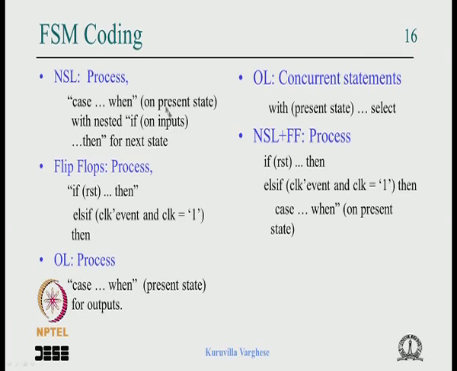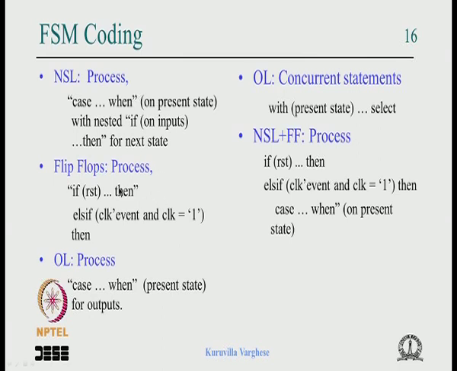Because you have to say this for all the states, case is a better thing, but for a particular state only certain inputs are valid. So we use a nested if under the case. For each choice we use an if to specify the transition.